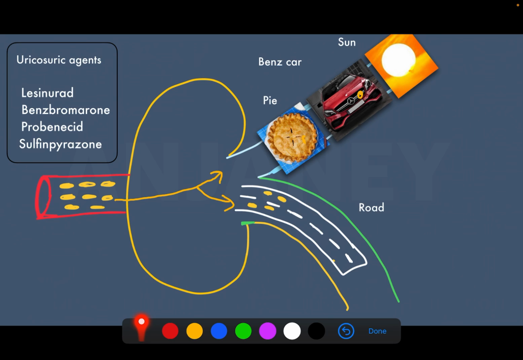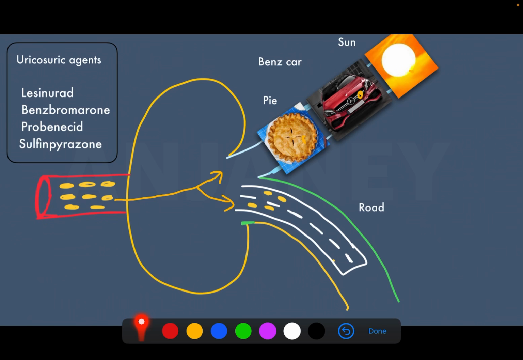Done. So these three are going to stop uric acid from here. Now, in order for uric acid to go out by urine, we made a road for uric acid from here. So this road is Lesinurad. So we have four drugs which are uricosuric agents: pie, Benz car, sun, and a road. Done.